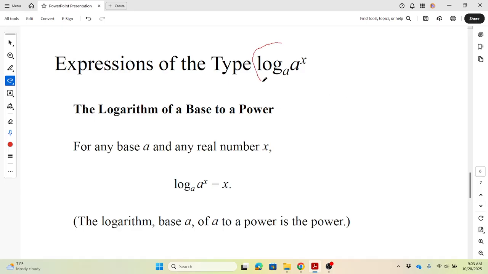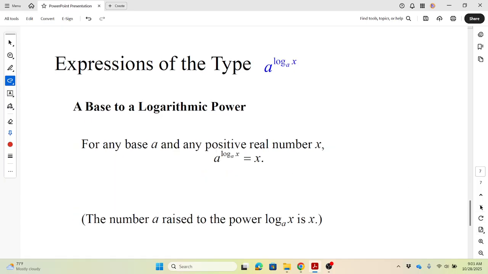If you have an expression like this, then because of the same base, the output would be the same as the input. And similarly, if you have the base here and then log with the same base, the input and output are supposed to be the same, because log and exponential functions are inverses of each other.